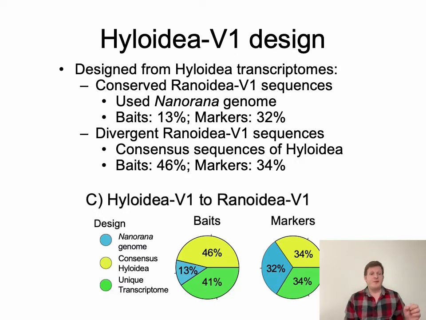So I took the transcriptome sequence data for these markers and created consensus sequences within Hyloidea while maintaining the orthology with the Anuran Parkeri genome, so that these data can be combined into a large Anura dataset. And finally, in green, the unique transcriptome markers, which represent about a third of the Hyloidea data. These were completely new markers only found in the transcriptomes that were also created with consensus sequences.